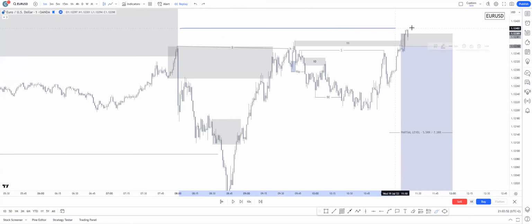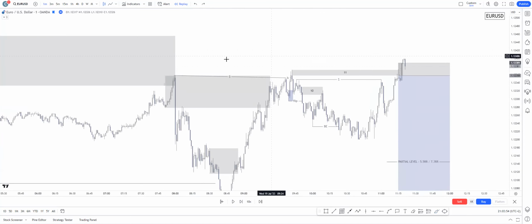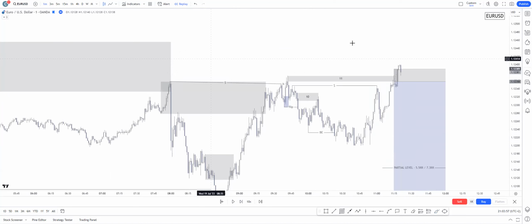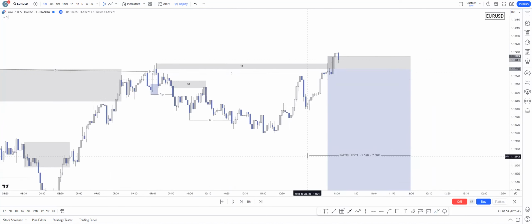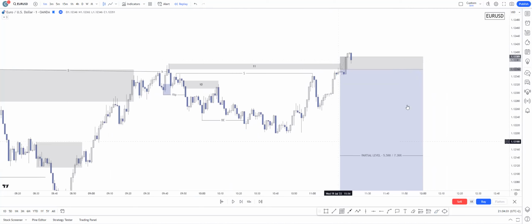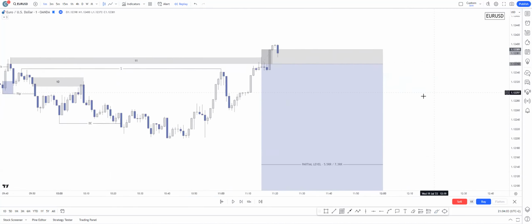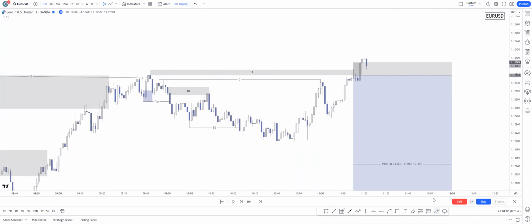Price probably mitigated the 50% of this 15-minute area, the higher 15-minute area, yeah. And we might be able to see another entry opportunity because this is also part of the plan. But once again, I did not pay enough attention to these double tops. And we could close our order here in break even, or we could just let it run into the stop loss hit.